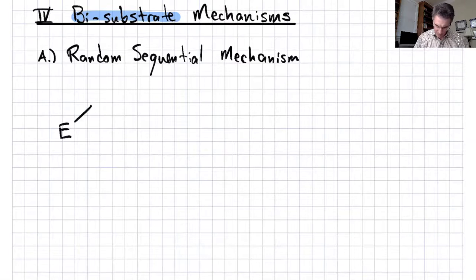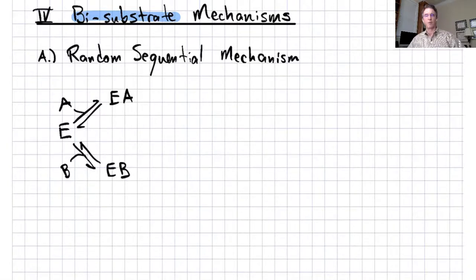And this can happen either by binding substrate A first, or by binding substrate B first, to form an EA Michaelis complex or an EB Michaelis complex. But remember, the reaction this enzyme needs to run requires both.